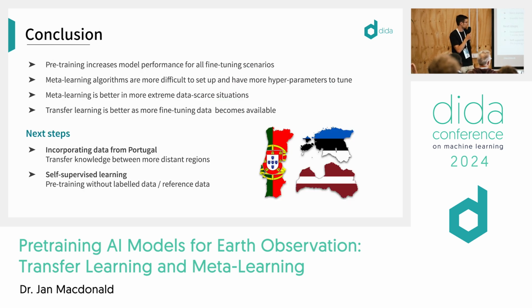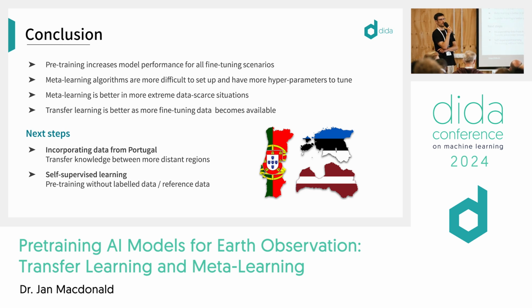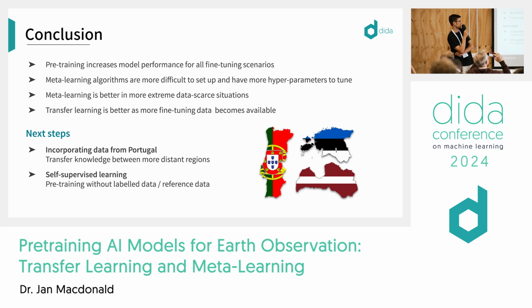And then let me conclude. So what we have seen is that there's many different ways of how you can do pre-training and knowledge transfer between different geographical regions. And as far as we can say at the moment from our experiment analysis, the pre-training does help model performance, but it's not always clear which of these methods is the best. So roughly speaking, meta-learning works well when you have very little fine-tuning data.